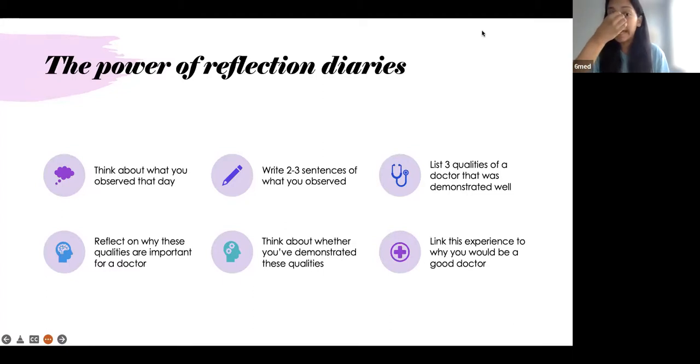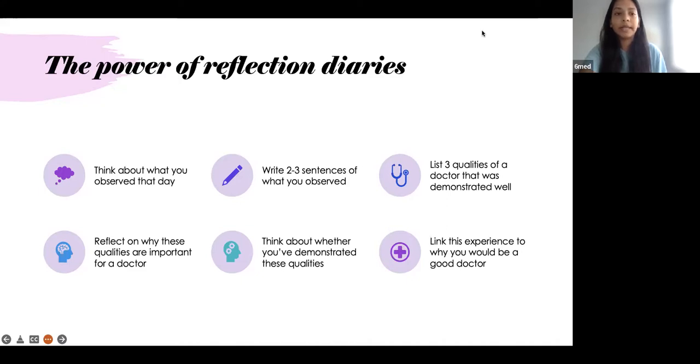So a reflection diary is something you keep when you're on your work experience placements, whatever they may be, whether medical or non-medical or volunteering, it doesn't matter. If you have a book, or if you want to type it up somewhere, it's almost like if you've seen something really important, or if you've observed a doctor speaking to a patient in a certain way that you really liked, and the skills that they used in medicine or outside of medicine, you can write about that exact experience as an example and then reflect on it there and then.